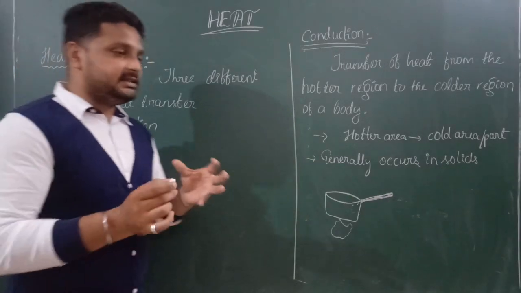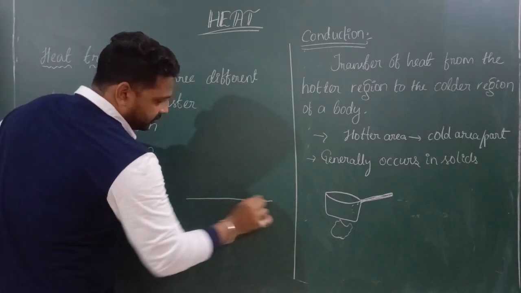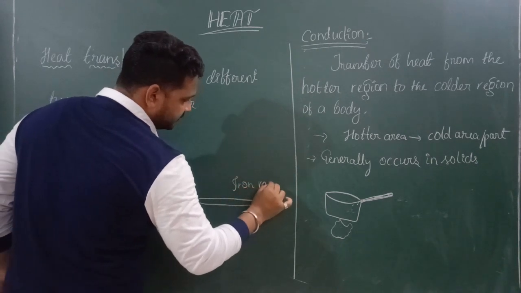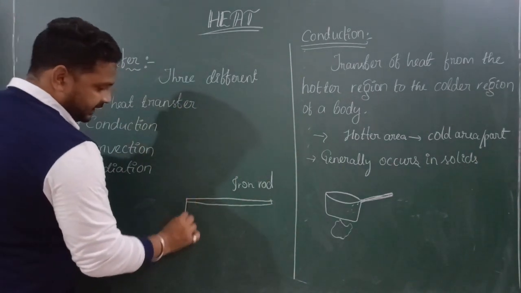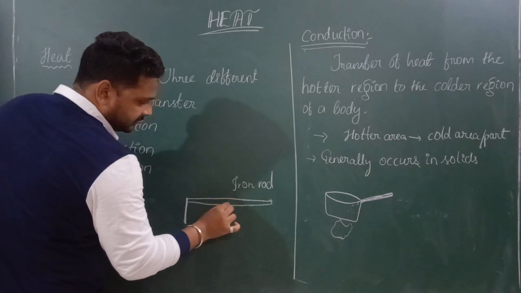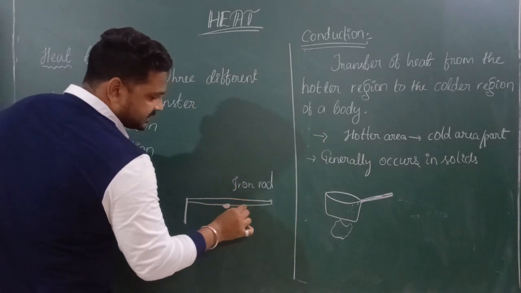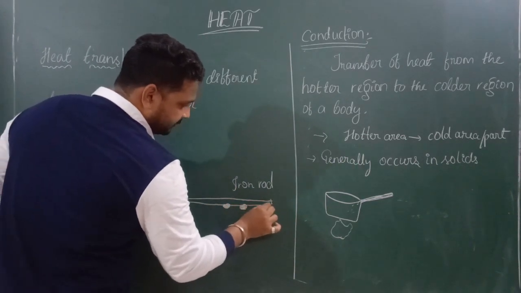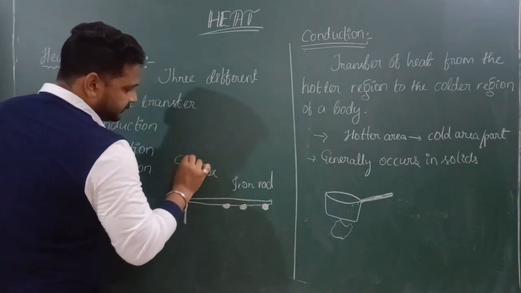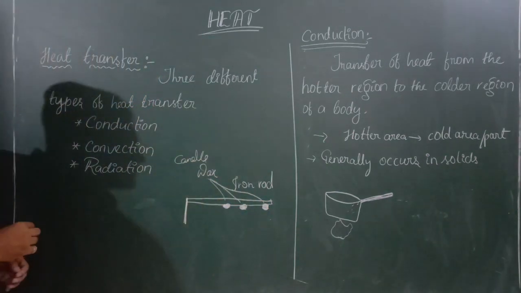You can take another easy example to understand. Suppose you take an iron rod and fix it using an insulated thing like a brick. At 3 different points, you attach some candle wax.